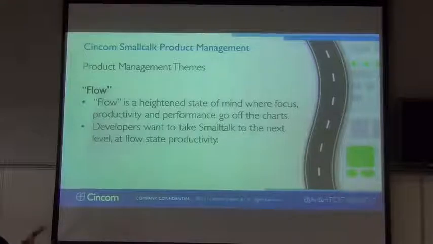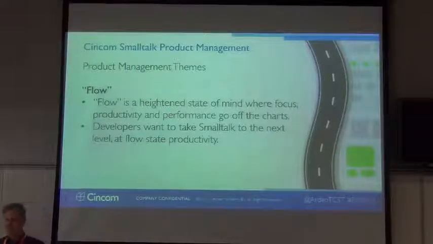Some product management themes that have been developed over time. One is called flow. You may have heard that term or be familiar. Flow state, or being in the zone, is a heightened state of focus and awareness where focus and productivity go off the charts.